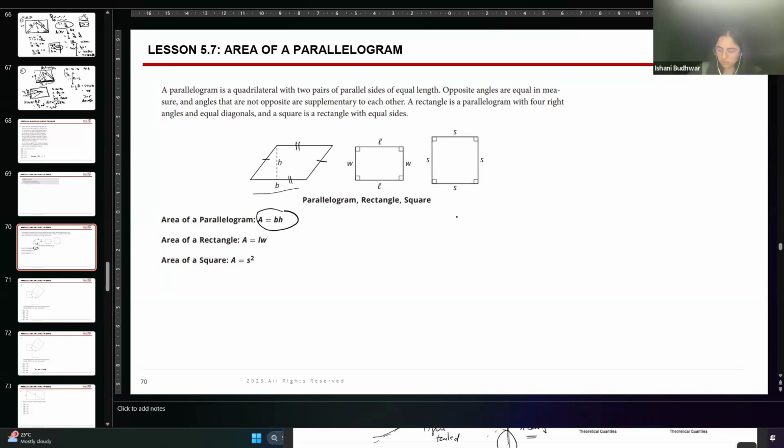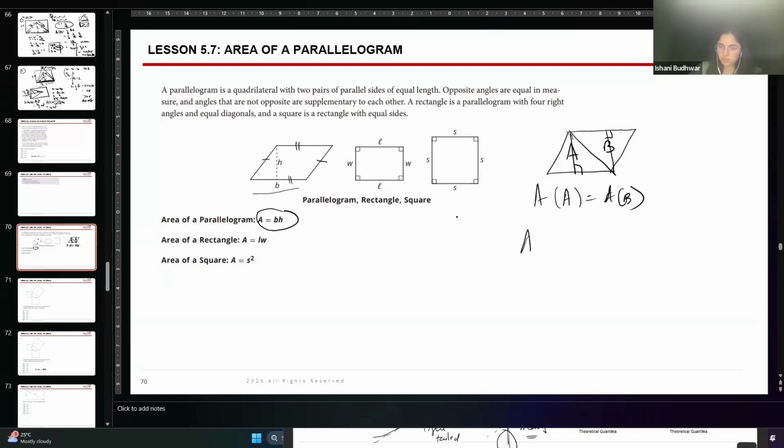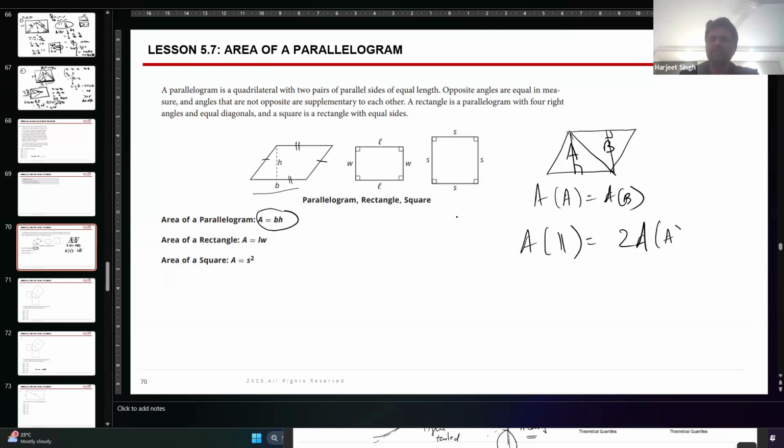So here it is double, because if I draw the parallelogram, it is triangle A and triangle B. Both their areas are equal, and hence area of this parallelogram is twice area of A, which is 2 into half into base into height, which is base into height, which is how you get this formula.